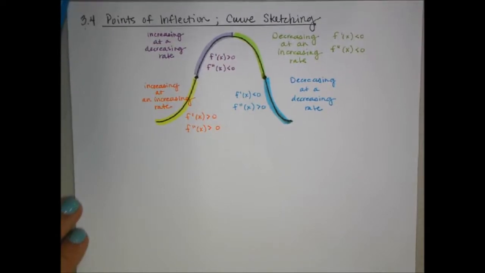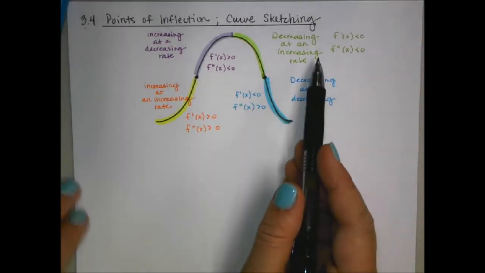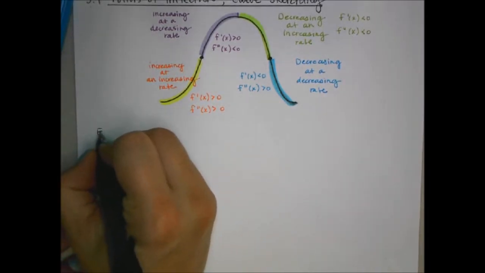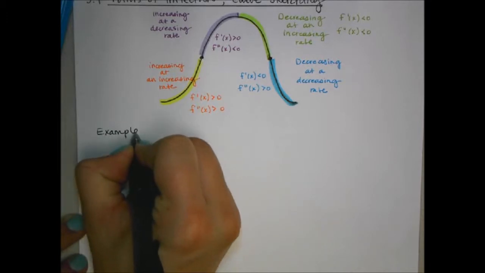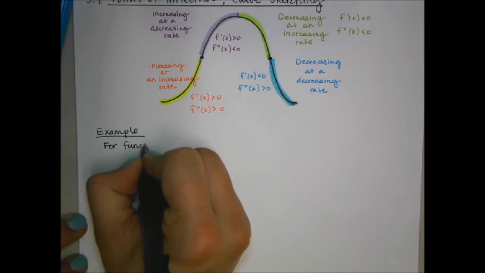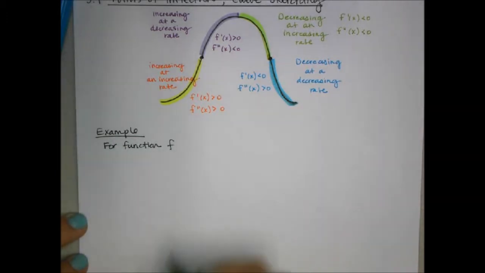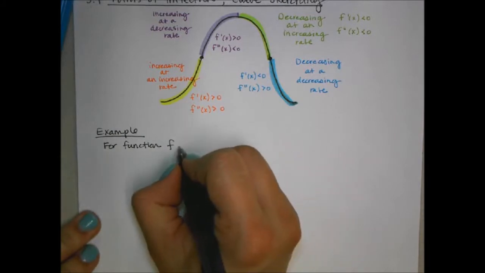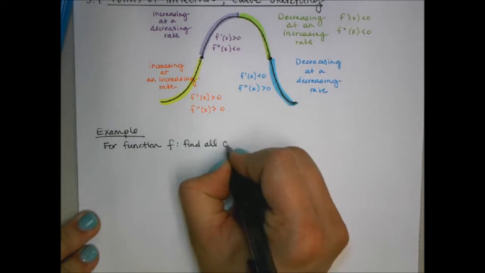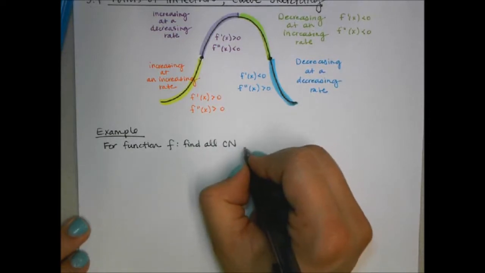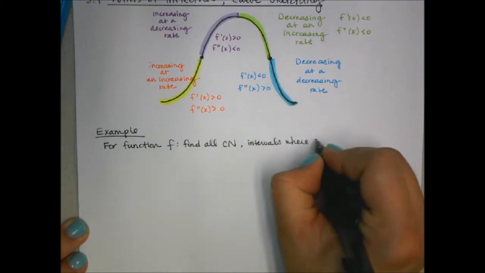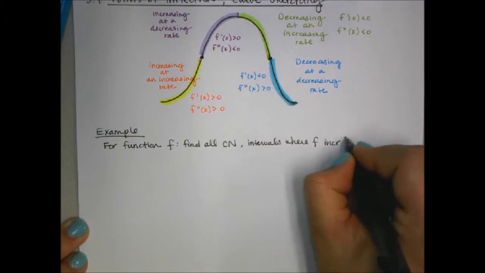We're going to go ahead and move on to the curve sketching portion, putting together our first and second derivative tests. So for our one example today, for the function given below, we are going to do several things. Find all the critical numbers, then intervals where f is increasing, decreasing, or constant.